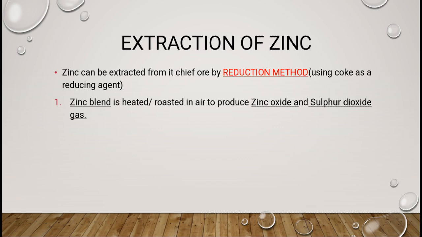Which is not to be allowed to escape into the atmosphere. So the gas that is being produced is not allowed to escape into the atmosphere because sulfur dioxide is what? An acidic oxide. When it reacts with atmospheric moisture, water, it forms an acid known as sulfuric acid.